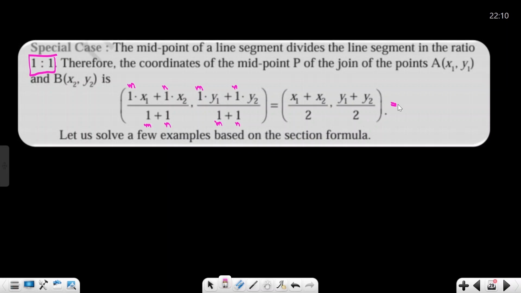We can also say midpoint formula. Always remember, if P is a midpoint, it means the ratio is 1:1. Then the formula is applied directly, x1 plus x2 divided by 2, y1 plus y2 divided by 2.